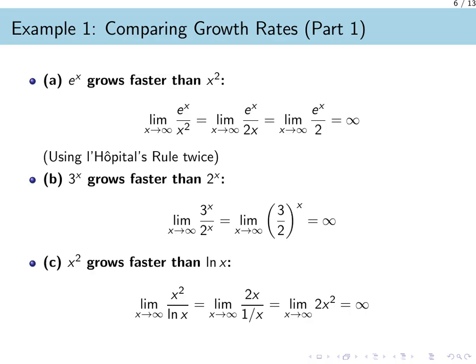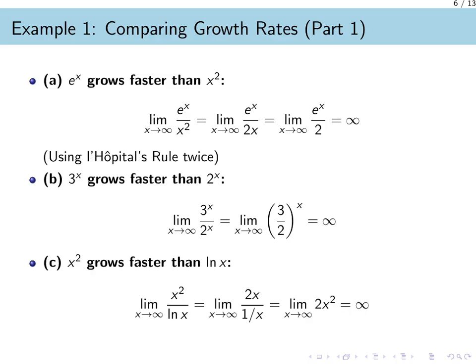After applying the rule once, we get e to the x over 2 times x, which is still indeterminate. Applying the rule a second time gives us e to the x over 2, which clearly goes to infinity. Since the limit is infinity, we conclude that e to the power of x grows faster than x squared.